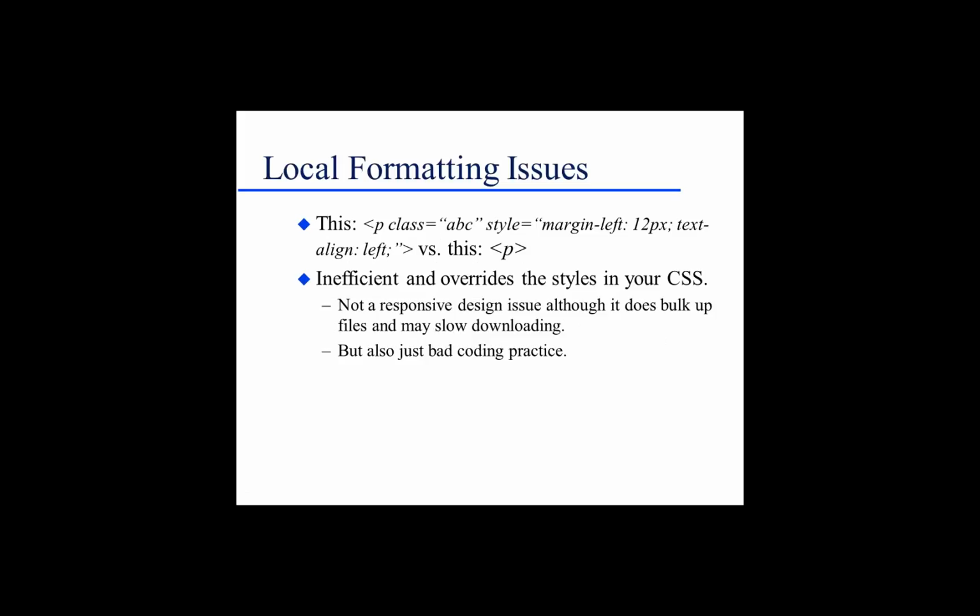And I will note, as I say here, this has nothing to do per se with responsive design, although it does bulk up the files and may slow down downloading. But it's just bad coding practice in general. And one of the things that we're seeing more and more is an increasing emphasis on good coding practice. Follow good syntax, don't take shortcuts, etc.